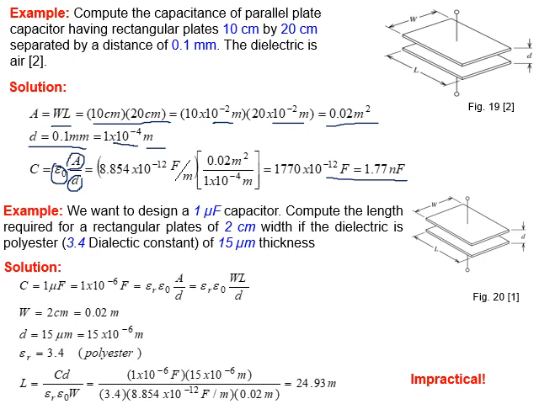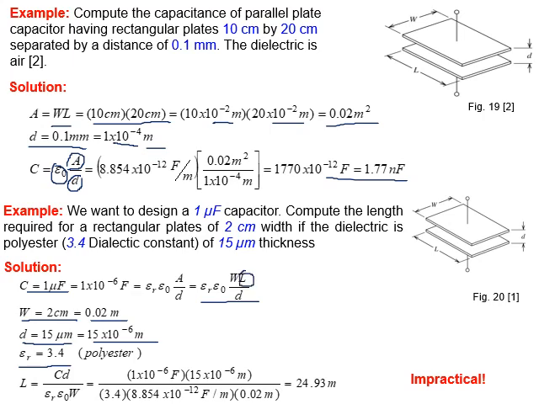He gave me the capacitance in microfarad, and I know the formula. Width is given in the question, 2 centimeter, which I converted into meter, 0.02 meter. The thickness is 15 micron, which I converted into meter, and epsilon is given in the question. Just substitute. The only unknown here is the length.